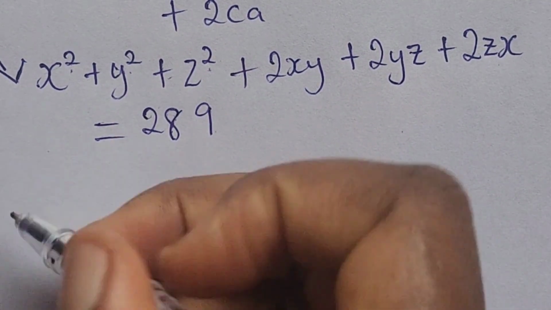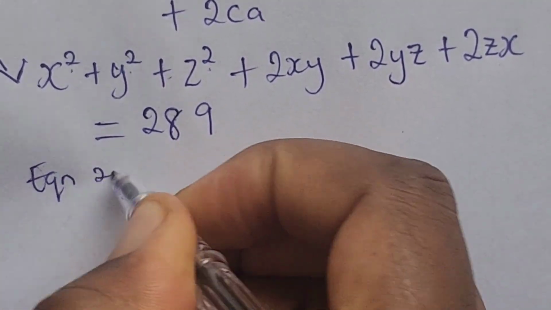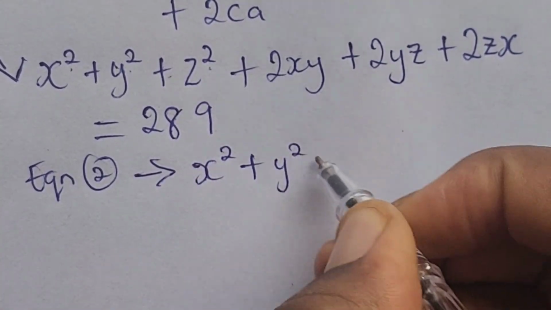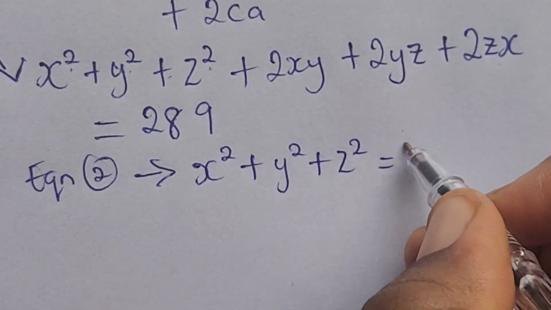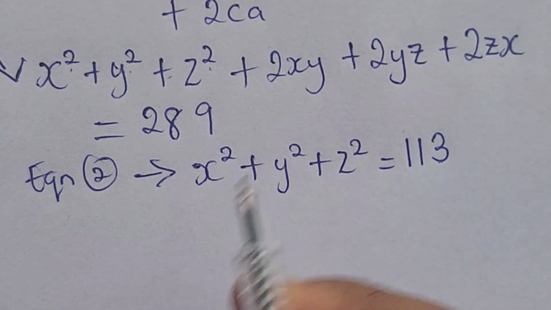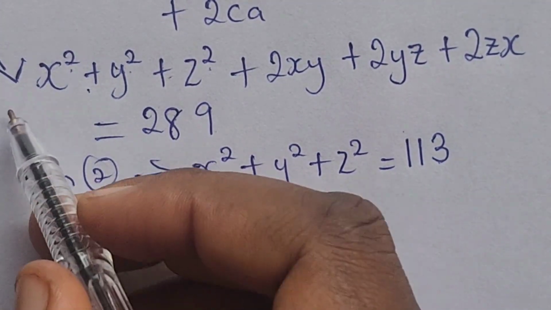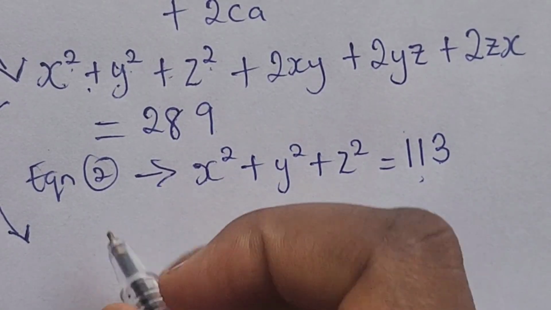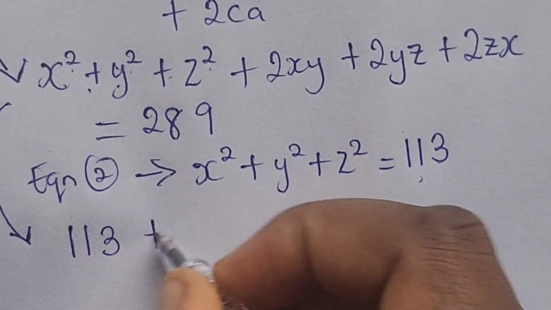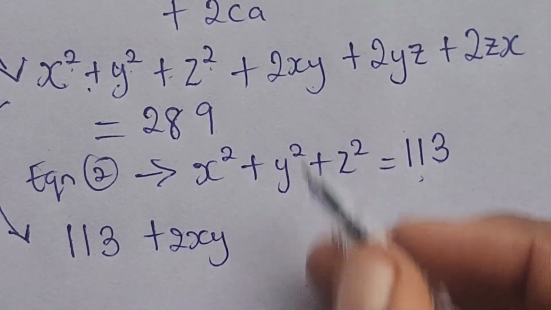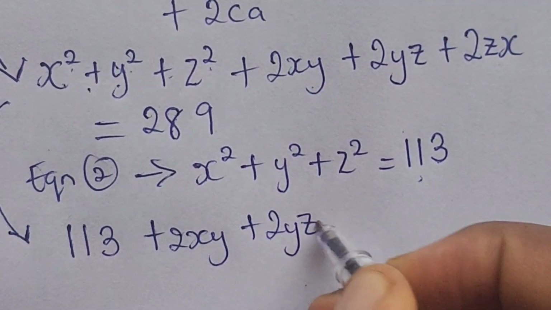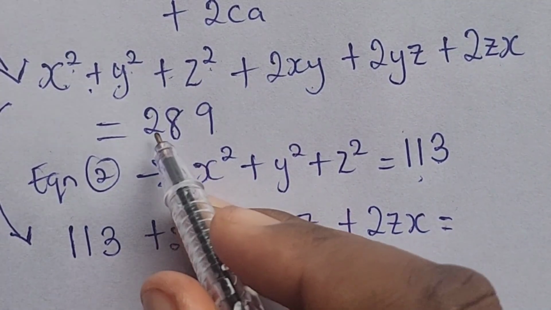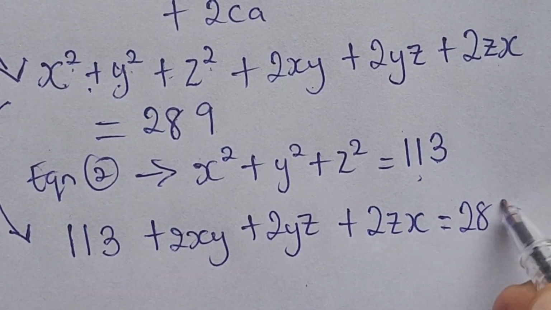Now let's recall from equation 2, our x squared plus y squared plus z squared is equal to 113. So we'll be replacing this here to have 113 plus 2xy plus 2yz plus 2zx equal to 289.